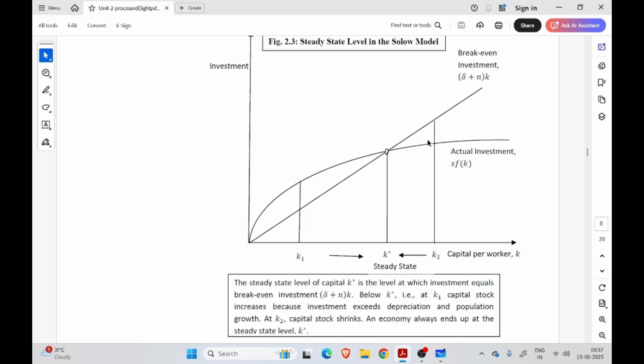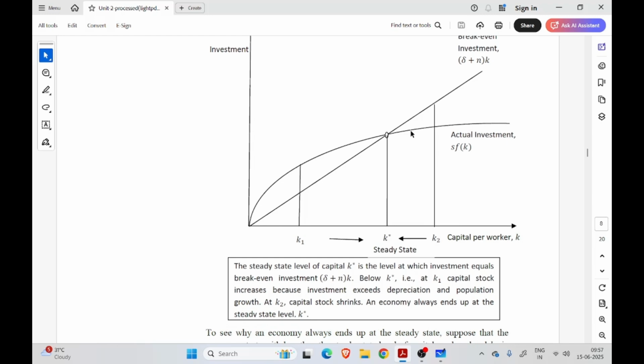We can see that, and therefore, our capital stock shrinks until the actual investment becomes equal to the break-even investment, and we no longer have capital shrinking. Therefore, if we come somewhere here, we are faced with a force which brings us back to K star.